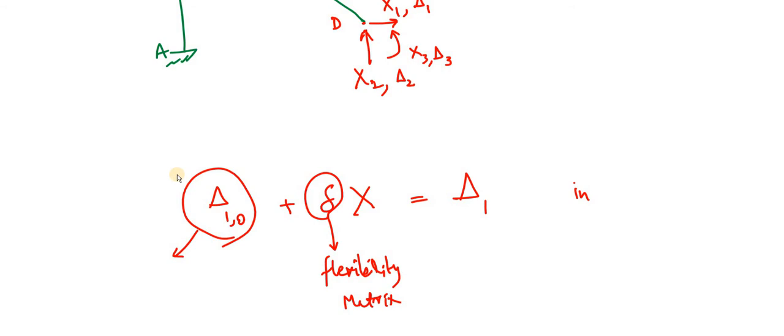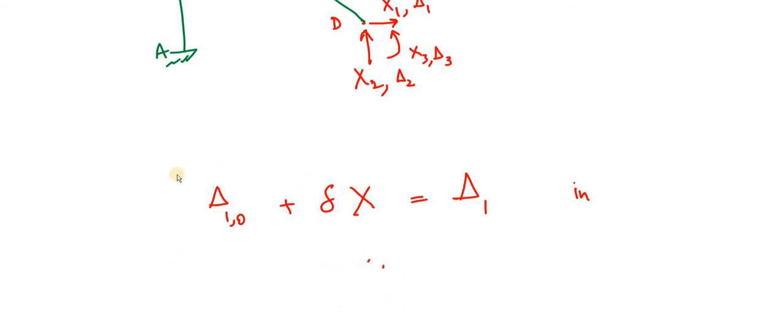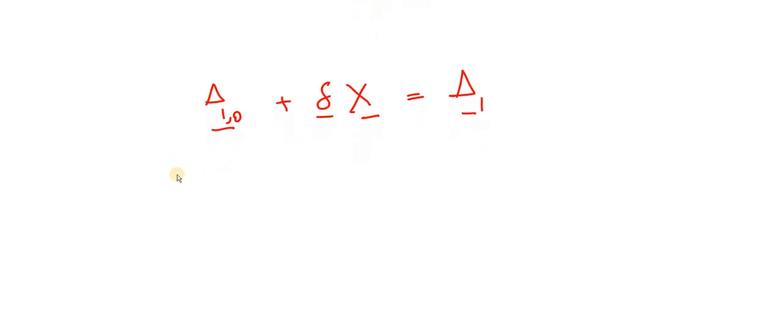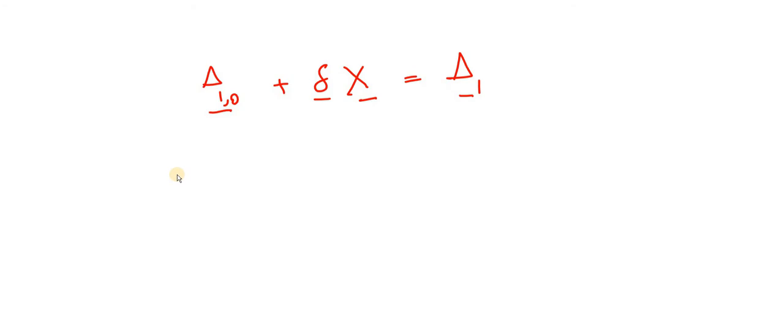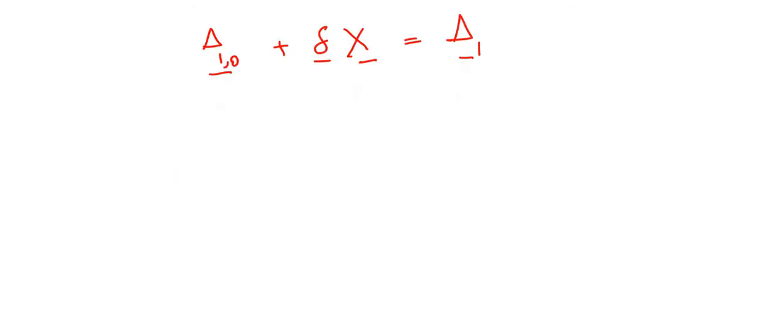So you could put a bar underneath them like this, to tell that these are matrices and not just single variables, so not just one quantity.